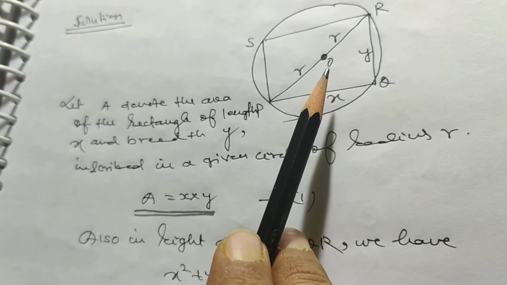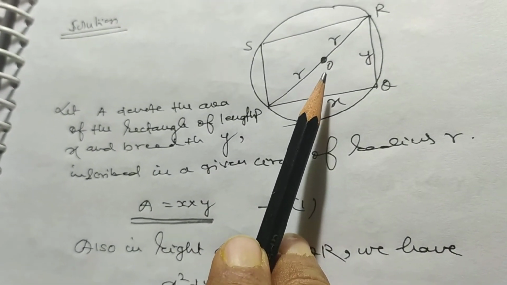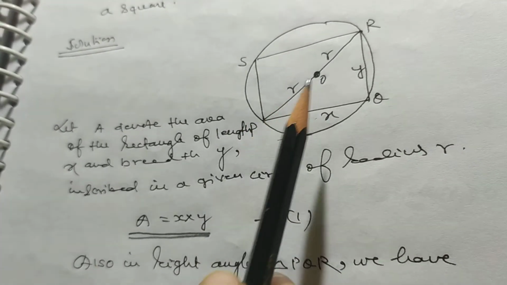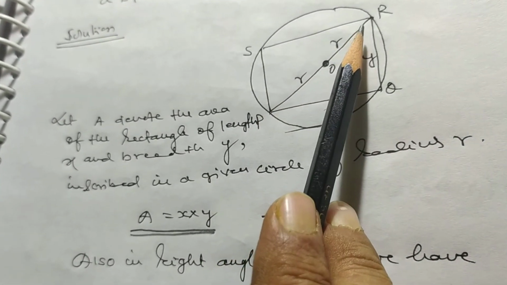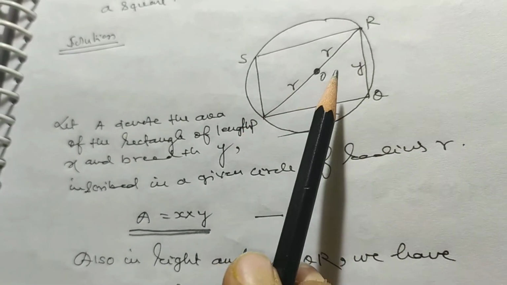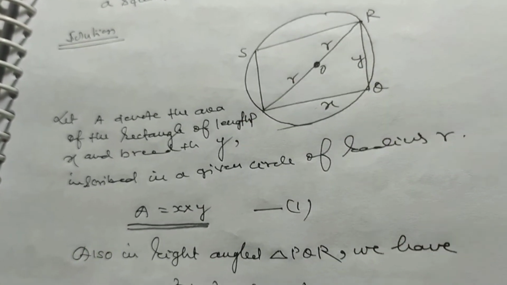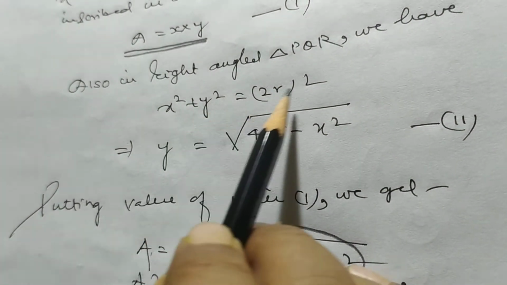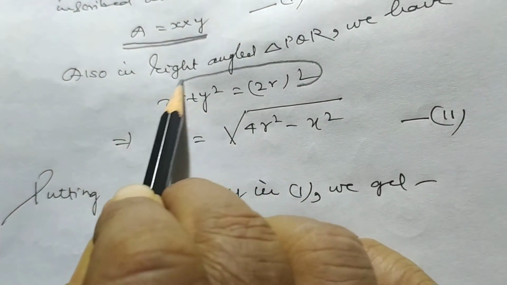And we know that if a rectangle is inscribed in a circle, then its diagonal will lie on the diameter of the circle. From this property we have x square plus y square is equal to 2r square. This is very, very important.